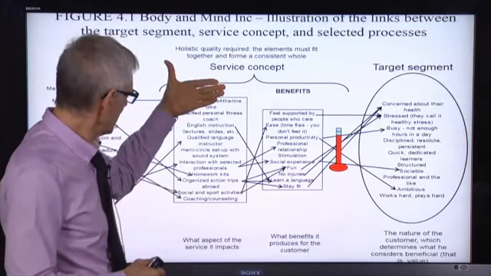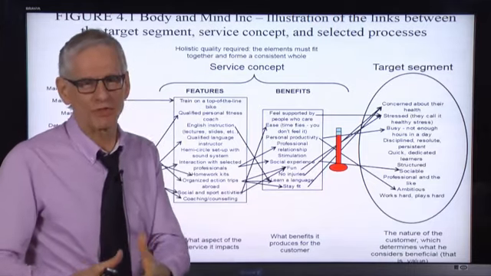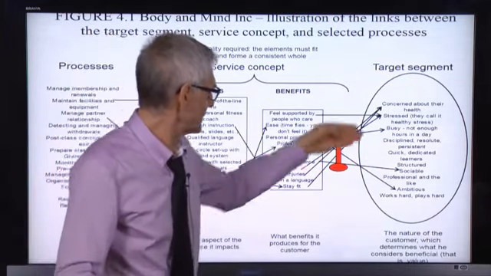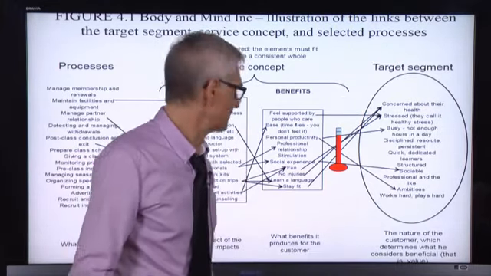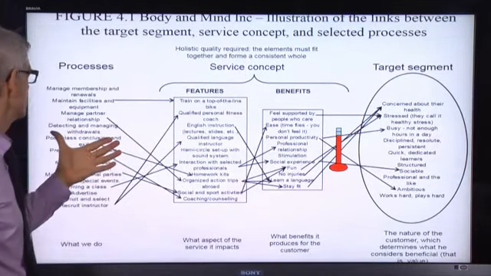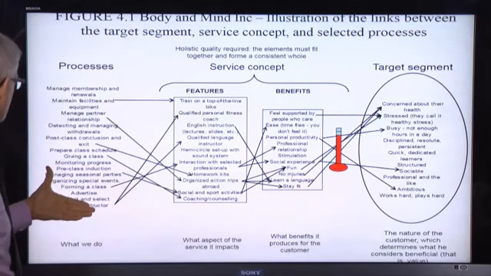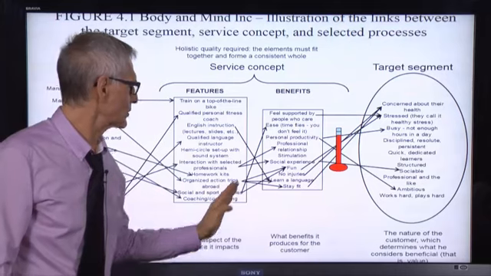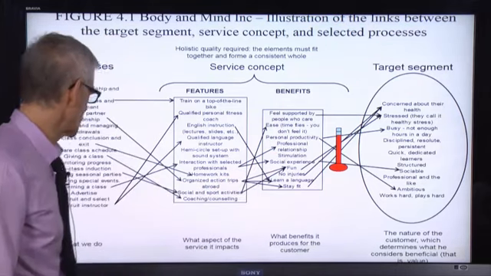We are turning here very detailed to the operation of the service, what we give them. This is the benefit they get from it, and it is a benefit because they are this. And processes that will deliver each of these features, that will create each of these benefits, and so on.